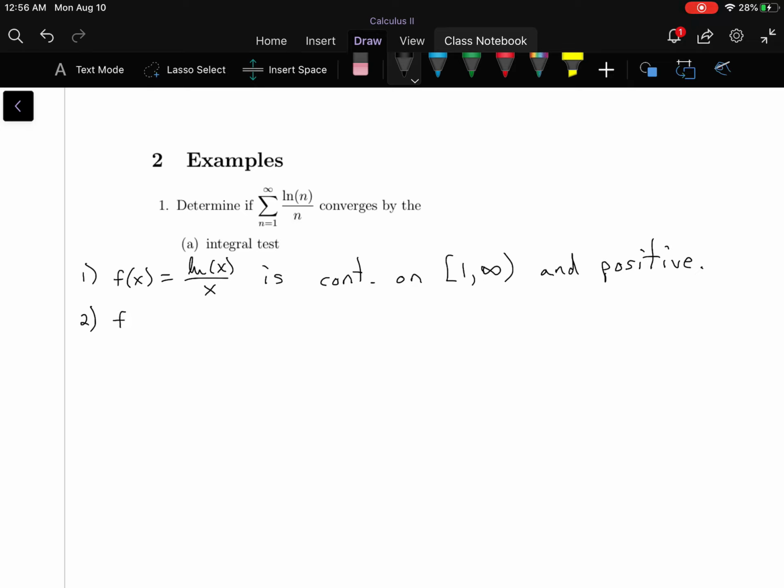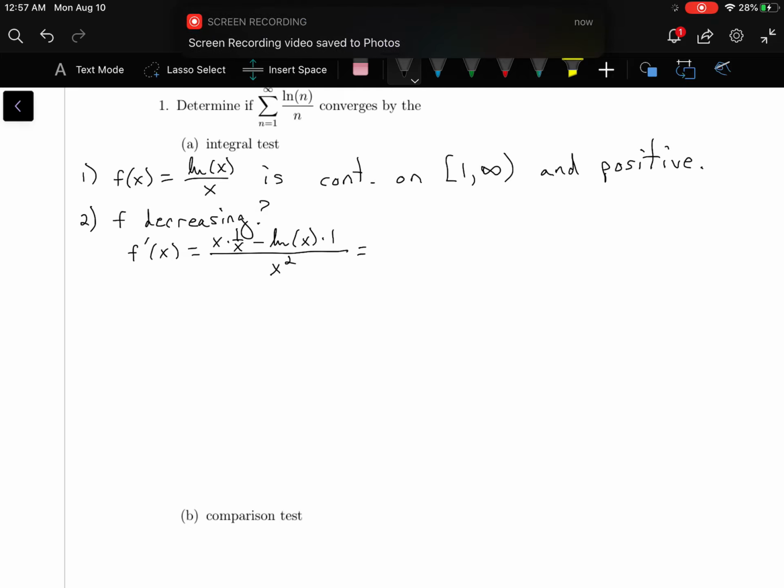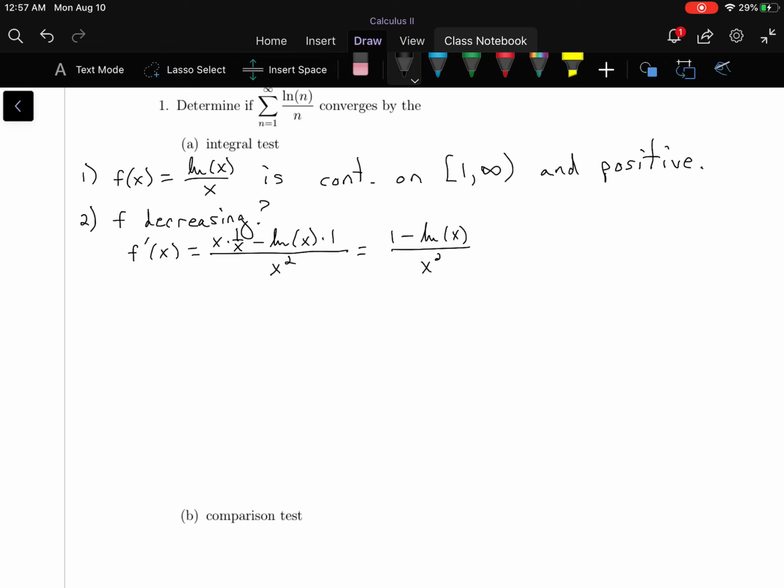The next is we want to know, is f decreasing? One way to do that might be through the first derivative test from Calc 1. When you take the derivative, you've got low d high minus high d low, the derivative of the bottom, over low squared, which simplifies to 1 minus the natural log of x over x squared.